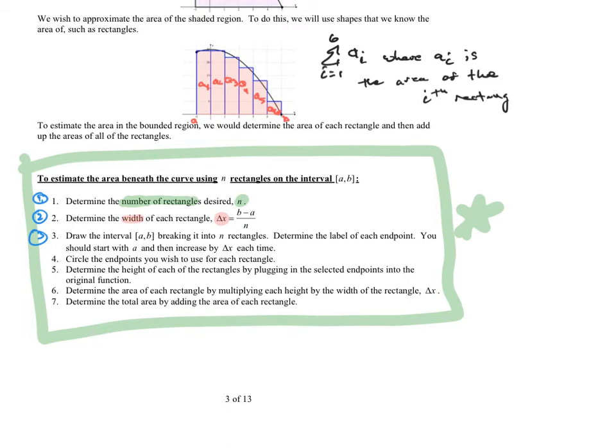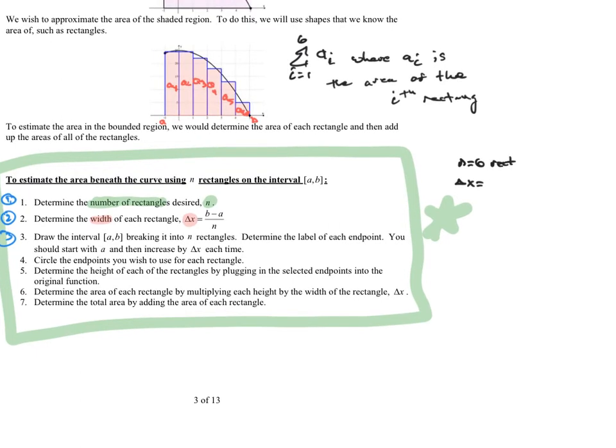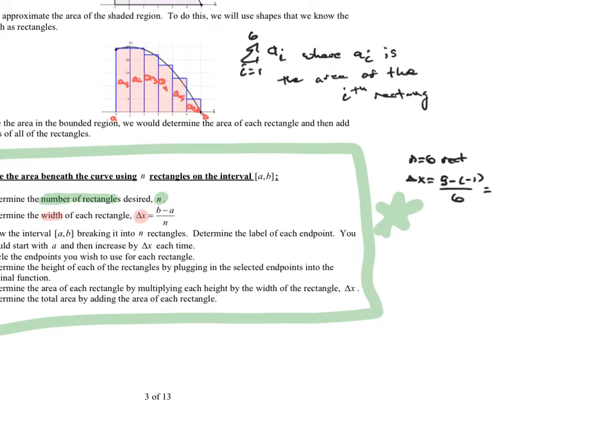We have n equals 6 rectangles is what we wanted. For the width of a rectangle, we would subtract the endpoints. So that would be 5 minus -1 all over 6. Those are my 2 endpoints in the pictures. And that would be 6 over 6, which is equal to 1. So the width of every rectangle is 1.